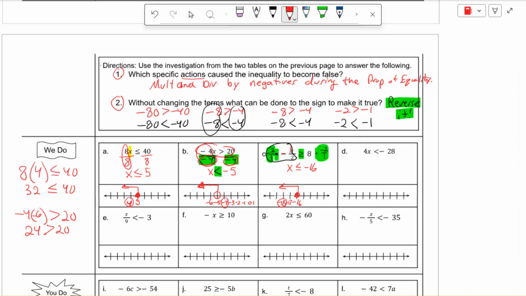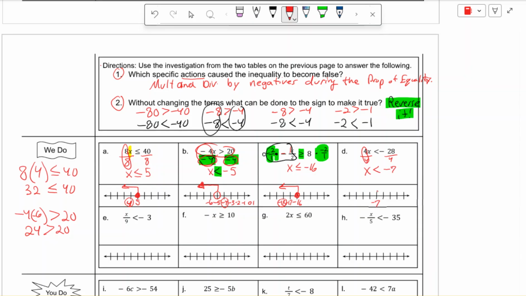All right, moving on to D. 4 and x are being multiplied together, so we're going to use division. We're dividing by a 4 because we want to make this a positive 1. And because we're dividing by 4 on each side, the sign will stay the same. Negative 28 divided by positive 4 is a negative 7.